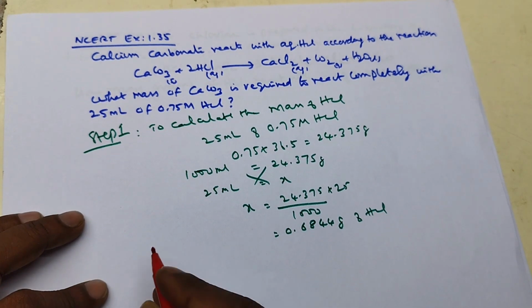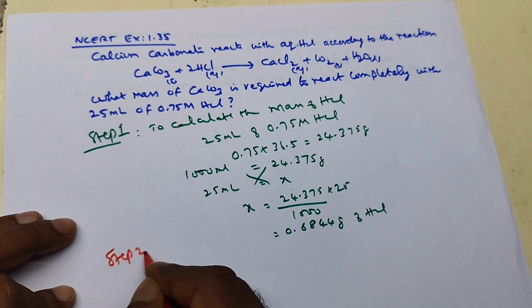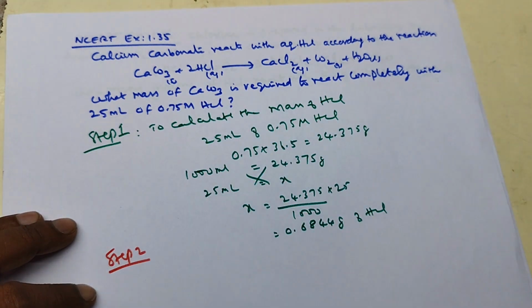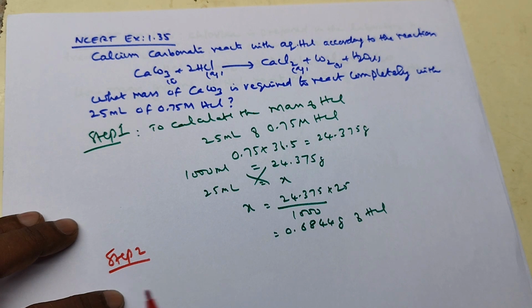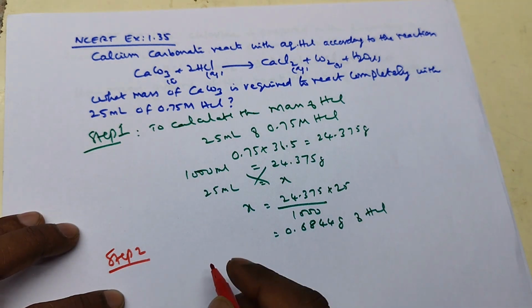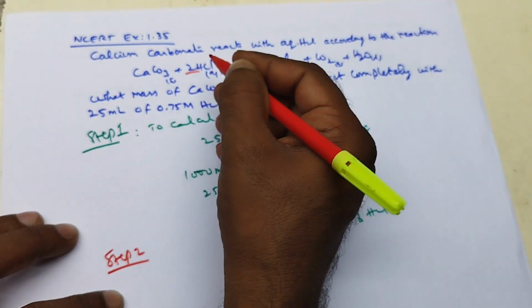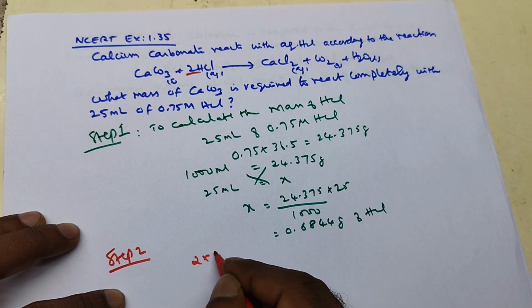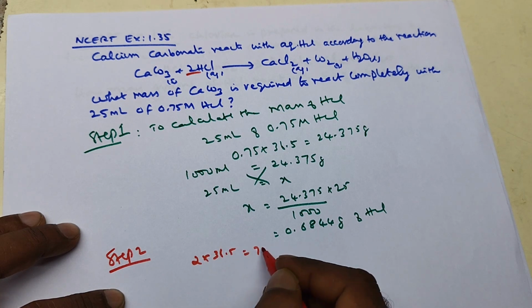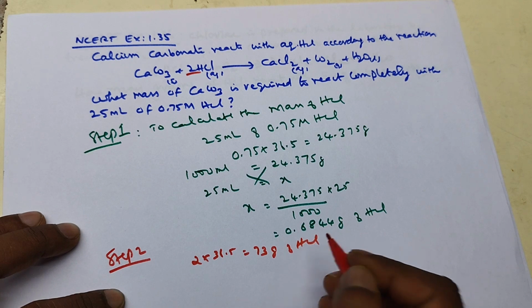In step 2, the question is what mass of calcium carbonate is required to react completely with 25 ml of 0.75 molar HCl? So you have to know the molar mass of calcium carbonate is 100 grams. According to the equation, you have to see that 2 moles of HCl, so 2 into 36.5, which is equal to 73 gram of HCl.